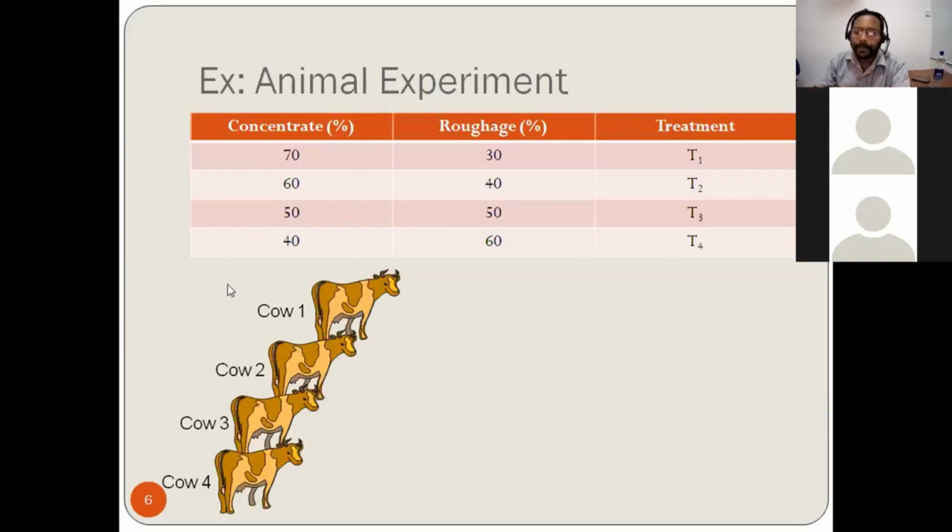Now, as I pointed out, how am I going to allocate these 4 treatments among these 4 cows?